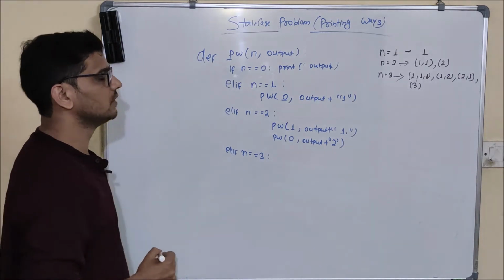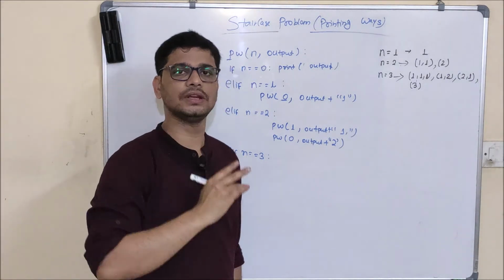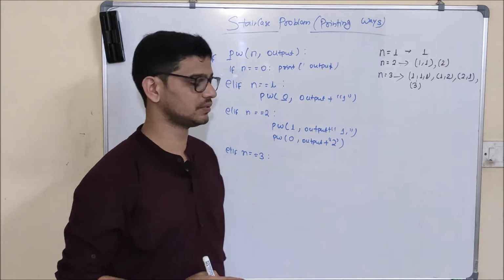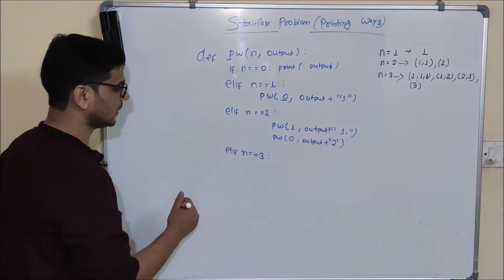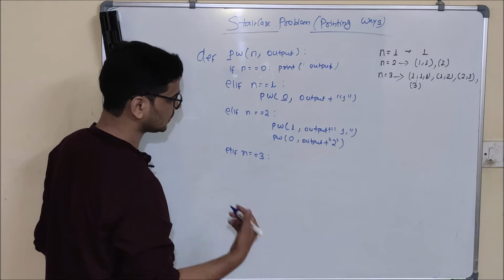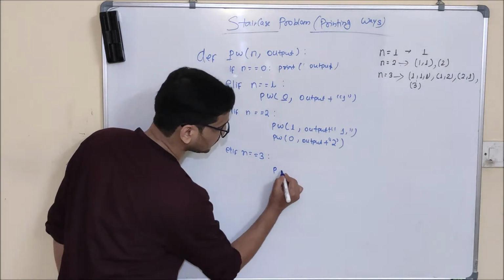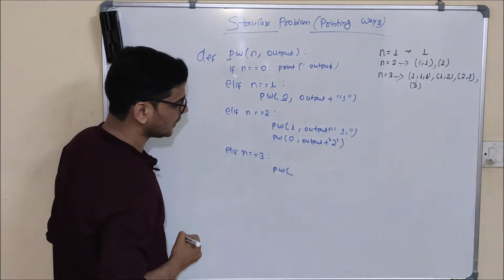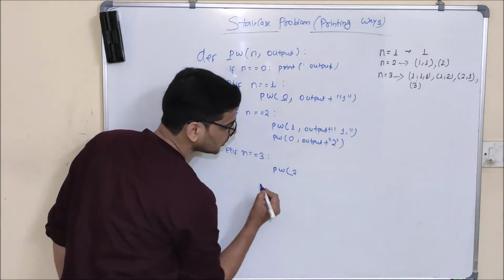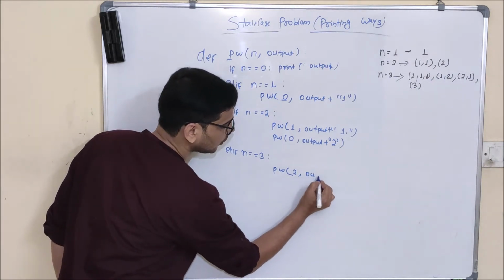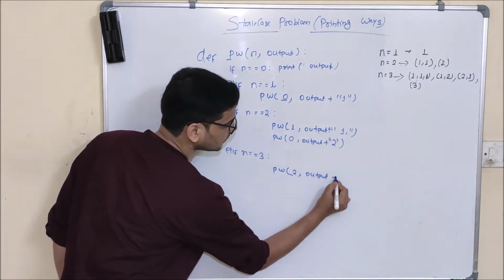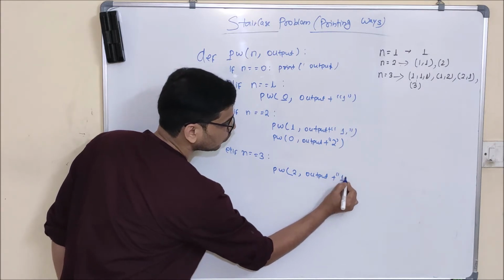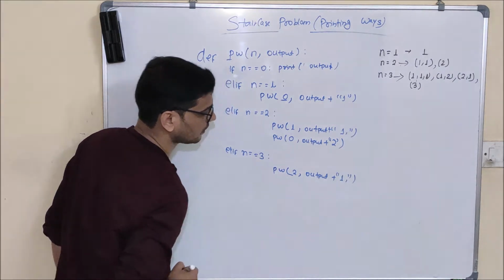Now let's see the fourth case, if n is equal to 3. Here we have 3 options: a 1-step jump, a 2-step jump, and a 3-step jump. Suppose I take a 1-step jump, then I will have 2 more steps to climb, and in output I append that I have taken a 1-step jump.